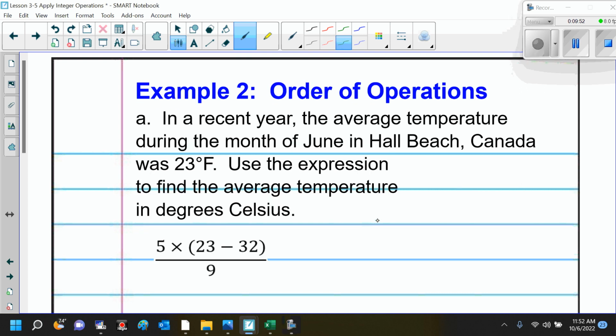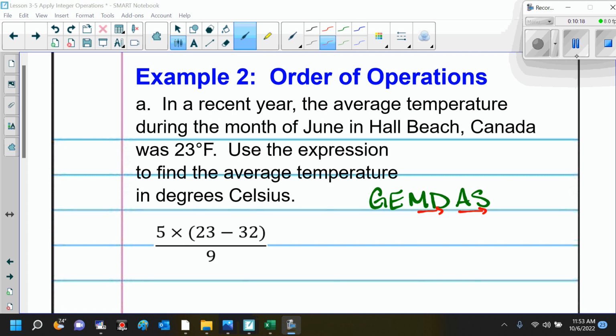Just as a reminder, if you have to, keep on writing PEMDAS all over your paper. So, grouping symbols, exponents, multiplication and division from left to right, and addition and subtraction from left to right.